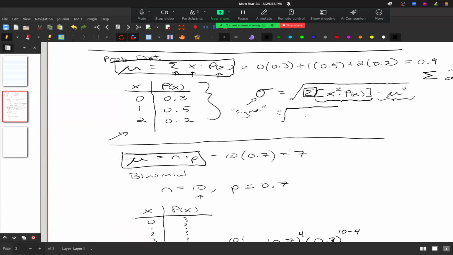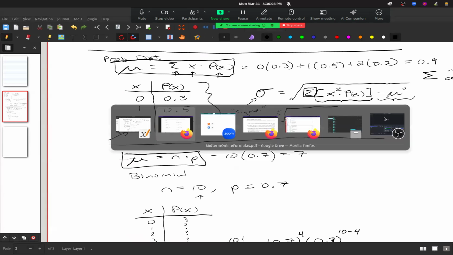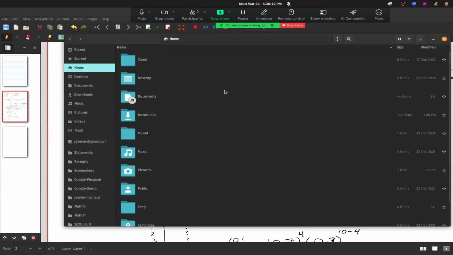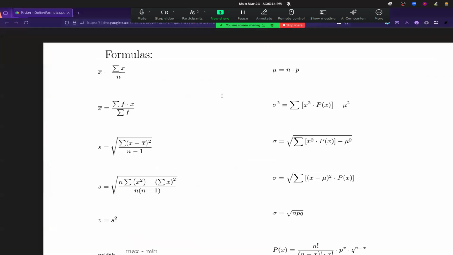On the right column, the third, fourth, and fifth one are all standard deviations, and that could be used for the bottom left mean. This one and this one.